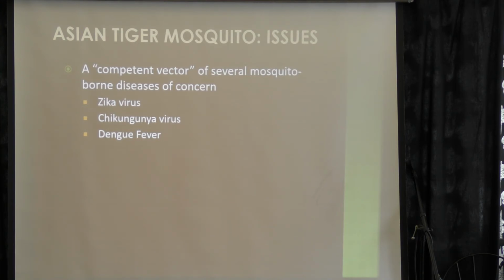Zika and chikungunya, we both had recently, you might have heard about them in the news, a little bit of hysteria associated with them. We were very concerned that both Zika and chikungunya could have established here, but it didn't because the mosquitoes that carry it weren't here.